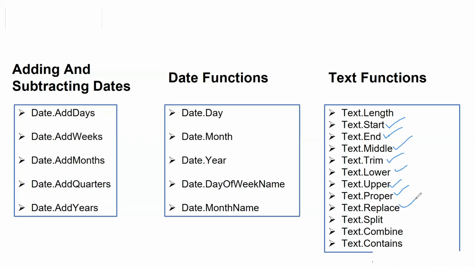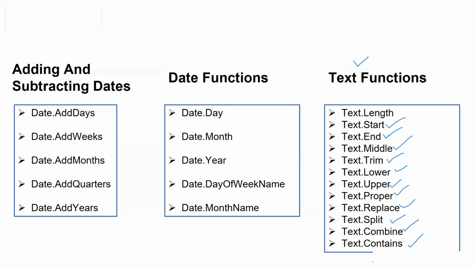There is this replace function, split function also, and if you need to combine two texts, you can use the combine option. And if you want to find out whether or not the text contains something, you can use the contains option, and it would give you the values in terms of true or false. So this is how you will be using these text functions.